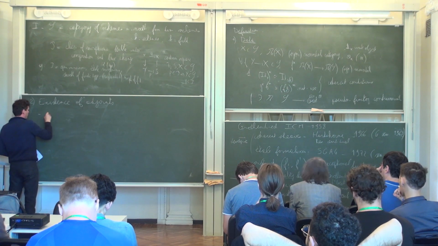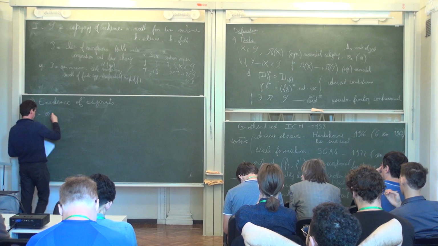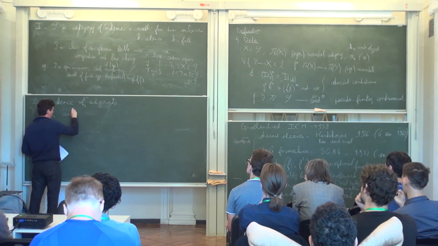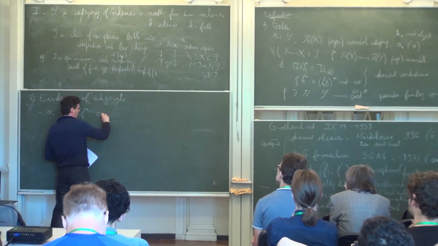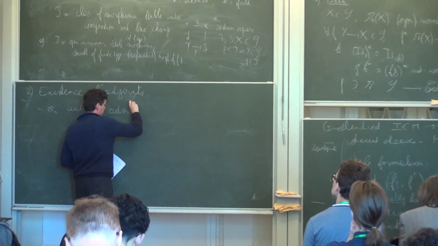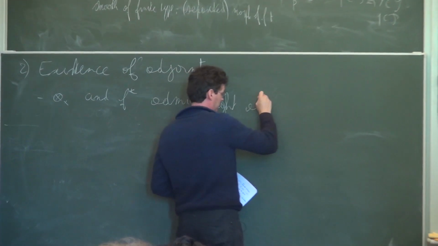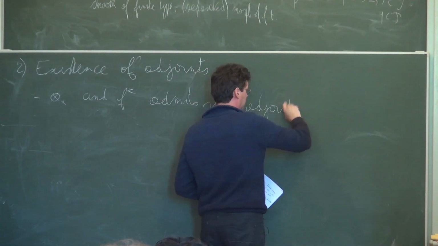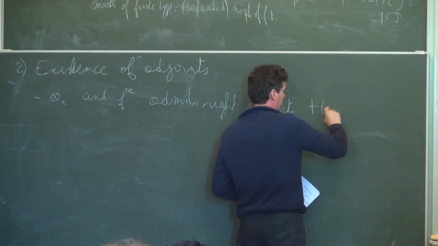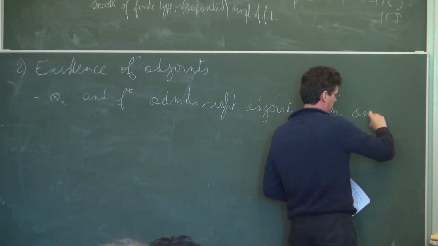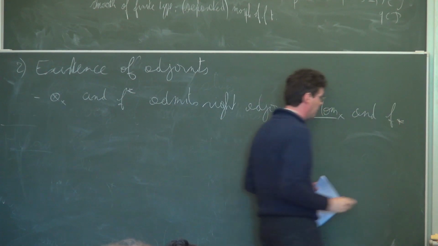First we require that tensor product and f upper star admit right adjoints, internal Hom, which I usually write like that, and f lower star like that.